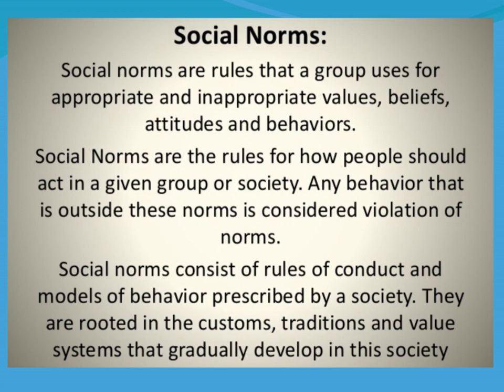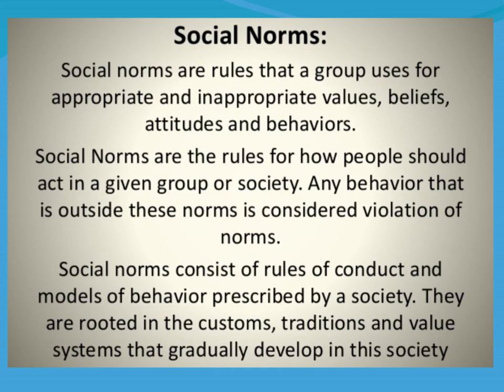Social norms are the rules that a group uses for appropriate and inappropriate values, beliefs, attitudes, and behaviors. Social norms are the rules of how people should act in a given group or society. Any behavior that is outside these norms is considered a violation of norms. Social norms consist of rules of conduct and models of behavior prescribed by society.